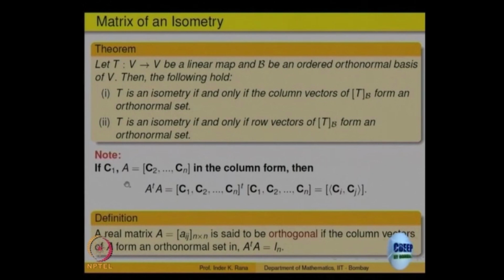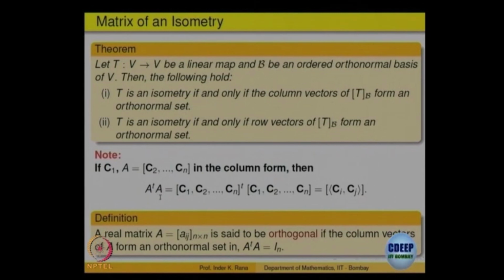Let us write the matrix A, with column vectors C1, C2, up to Cn. C1 should have been here actually, a typo. A matrix can be written as its columns only.